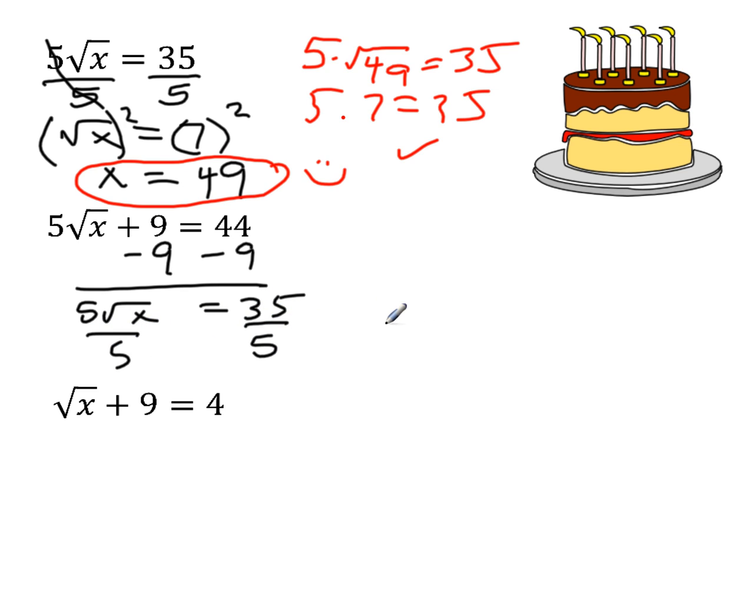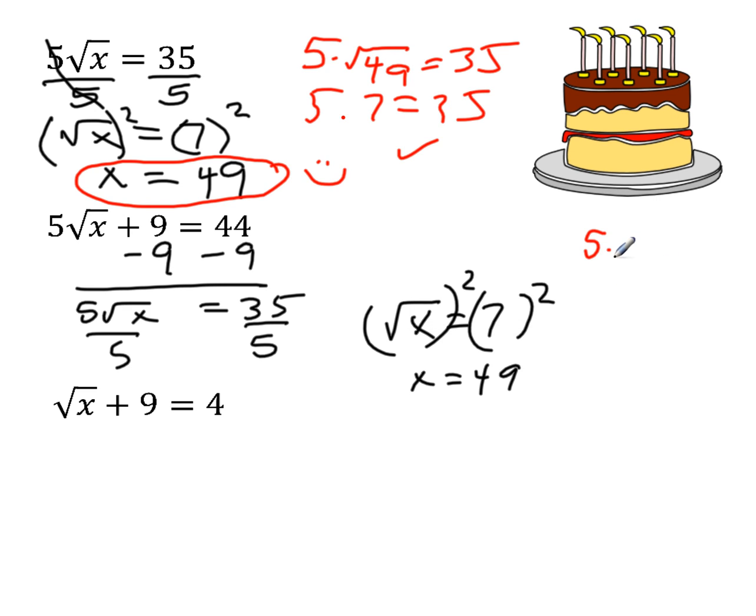Divide by 5, and I get root x equals 7. Square both sides. X equals 49. If I go ahead and I check it, I have 5 times root 49 plus 9 equals 44. So I basically have 5 times 7, 35 plus 9. Does that equal 44? It does. So I know I got this right.